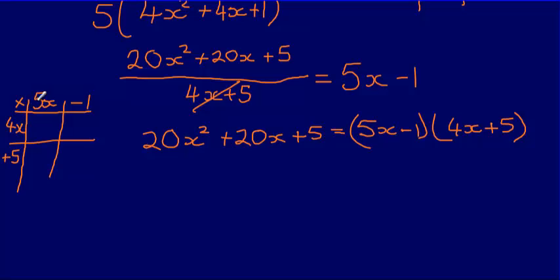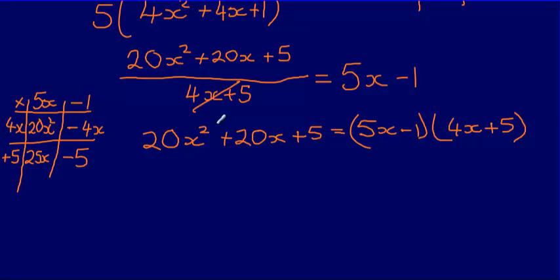So I'm doing 4x multiplied by 5x for 20x². Then I'm doing 4x multiplied by negative 1 for minus 4x. Then I'm doing 5x multiplied by 5 for 25x. And then 5 multiplied by negative 1 for minus 5.